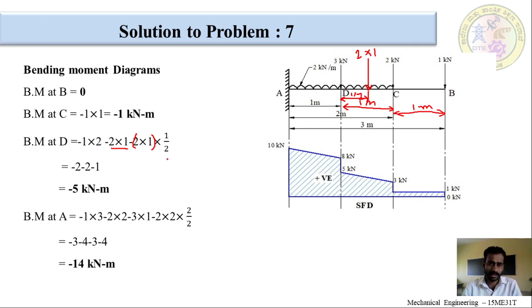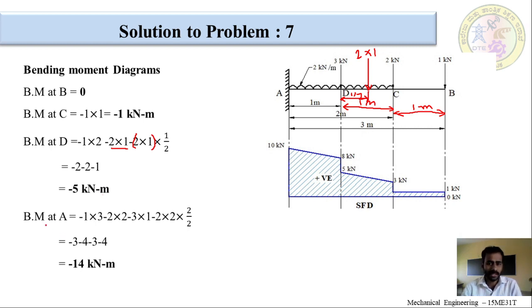So, this is the load and this is the length. After solving this equation, we get the bending moment at D as minus 5 kilonewton meters.